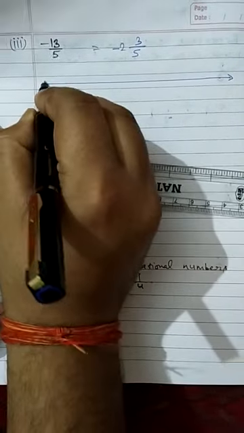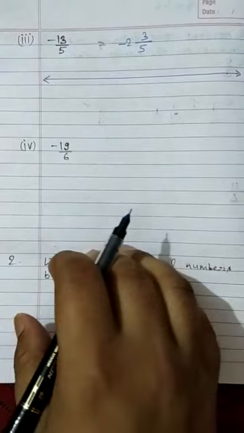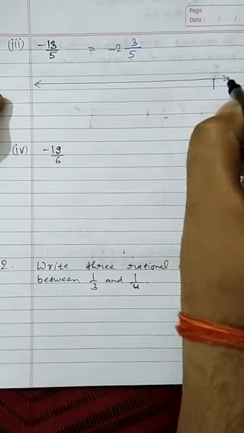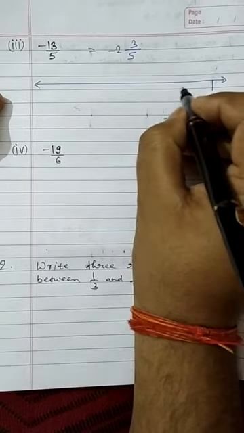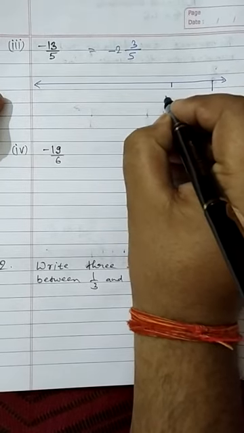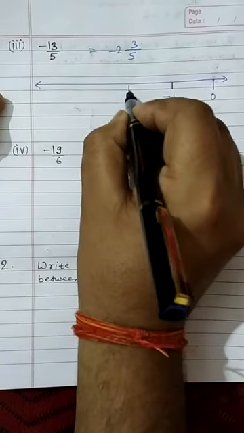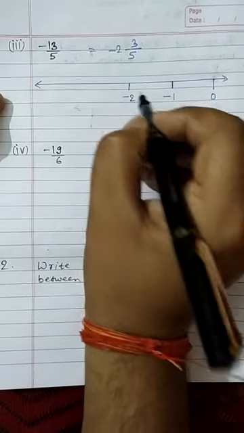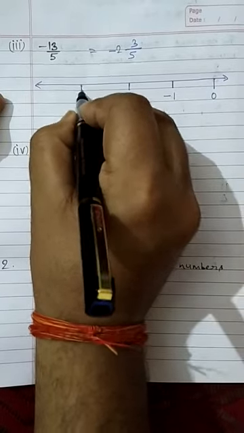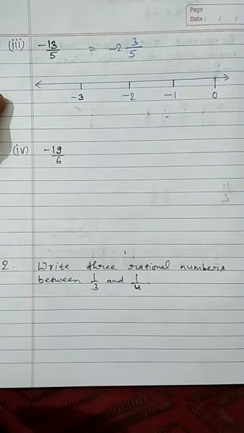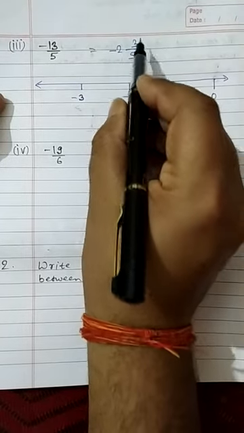So this time we need not to represent the positive rational number. Now this time 0 is here. First we have minus 1. On equal distance we have minus 2. And on equal distance we have minus 3.